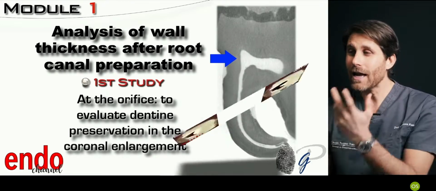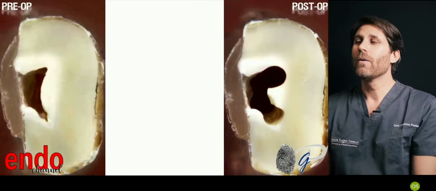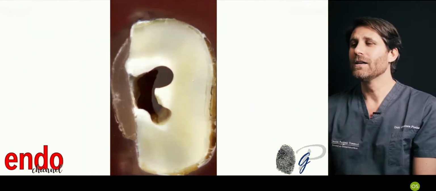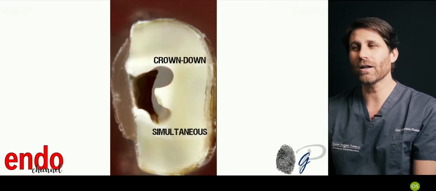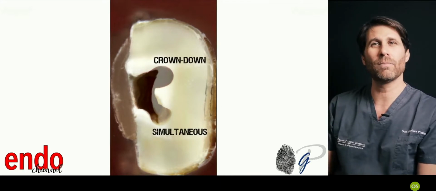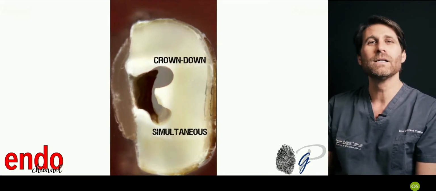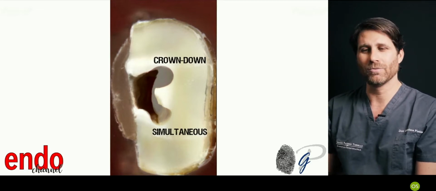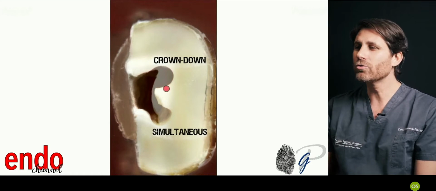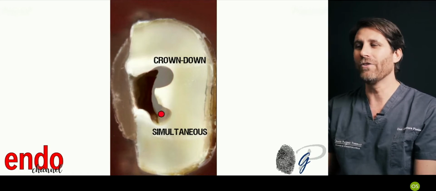And the results of the study were that we can save more dentin if you use this simultaneous approach with the correct files rather than a classic crown down approach with orifice opening and preoperative orifice enlargement. We can maintain more tooth structure in this area of dentin.